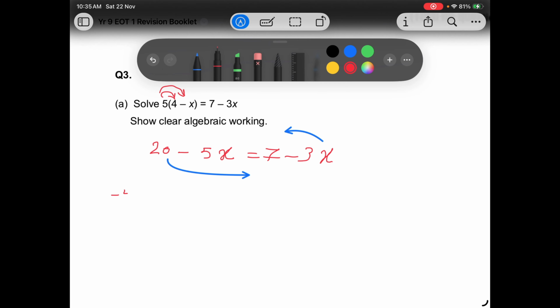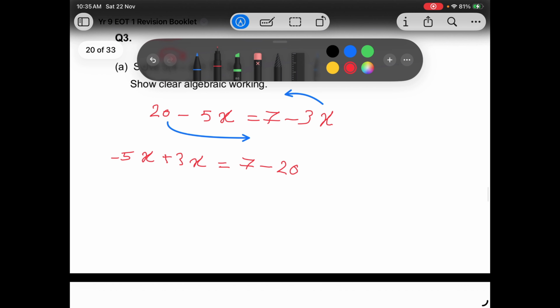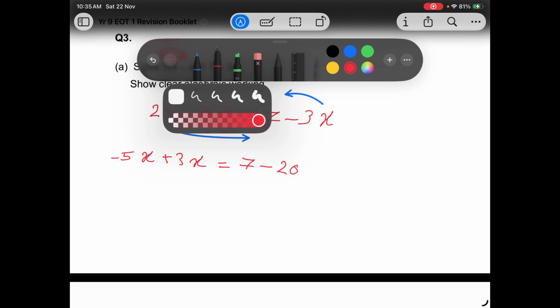So I have here minus 5x. Then plus 3x equals 7 minus 20. So what is minus 5x plus 3x? Add the coefficients, I mean the numbers.